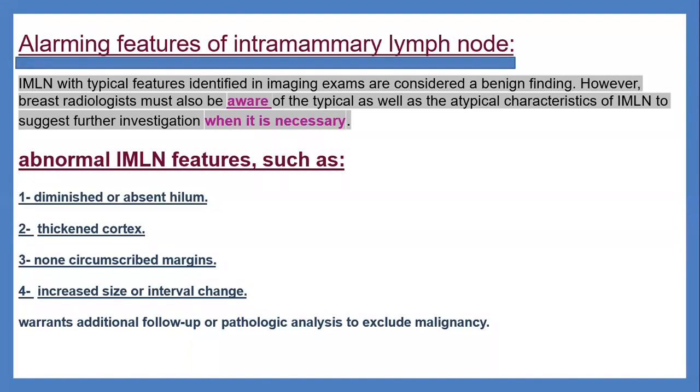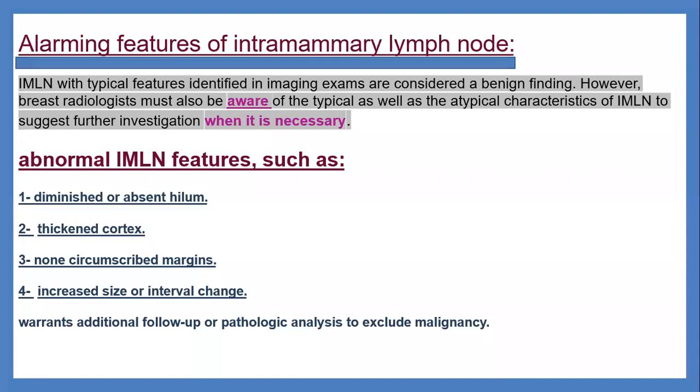Abnormal lymph nodes: we are managing or describing the intramammary lymph node the same as the axillary lymph node. At the end, it is a lymph node having the same anatomical and morphological appearance. The only difference is that one is in the axilla and this is within the breast. If the fatty hilum is diminished or absent, that means it is not a typical normal intramammary lymph node.